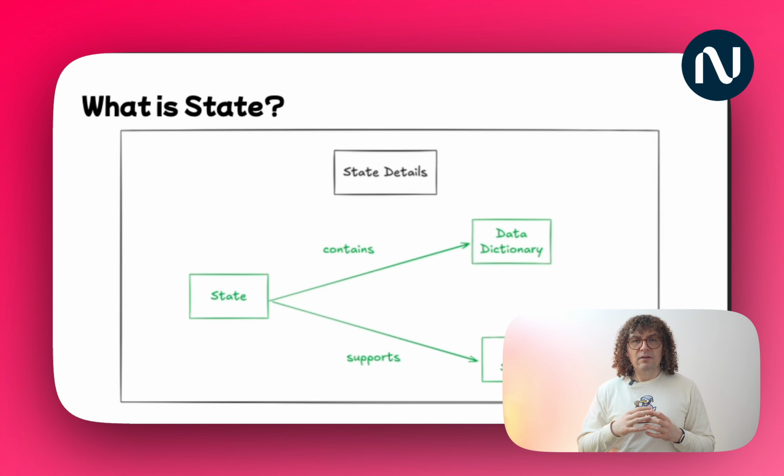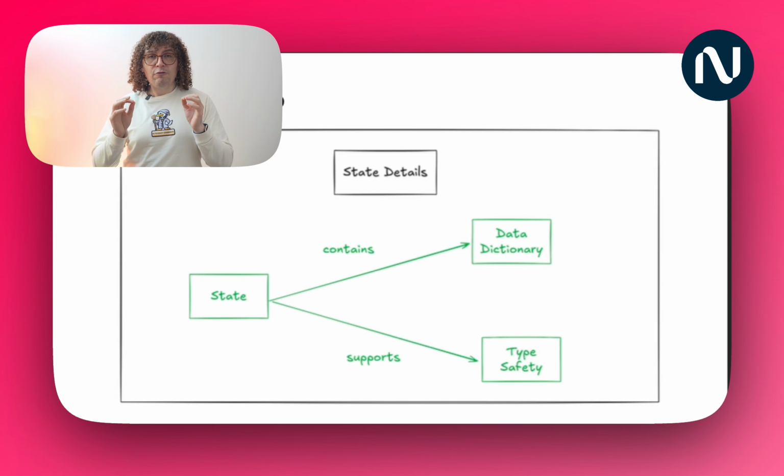If we look at it more in detail, the state contains data dictionaries and supports type safety. We'll see how states are nothing more than just typed dictionaries. They're very simple definitions, however, very robust and allow for significant customization.